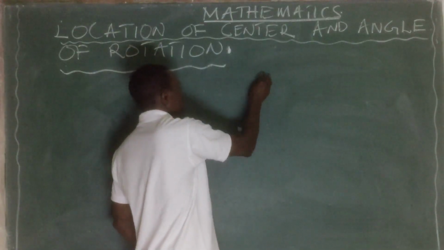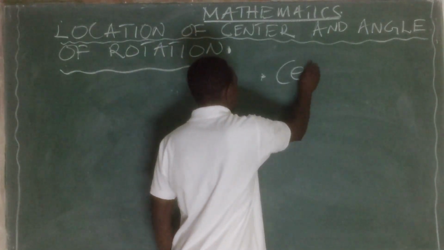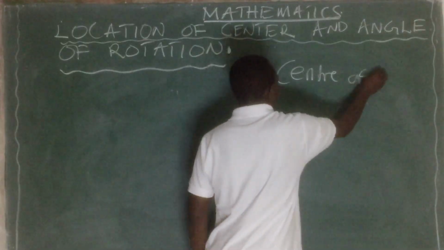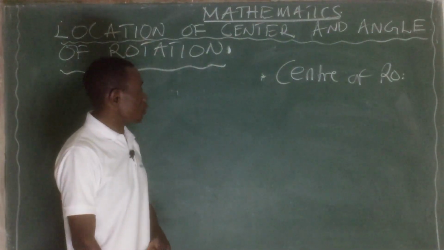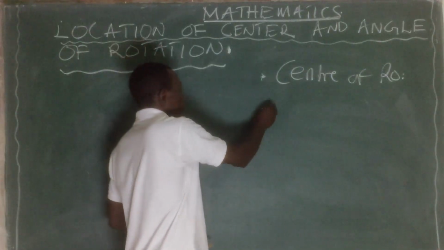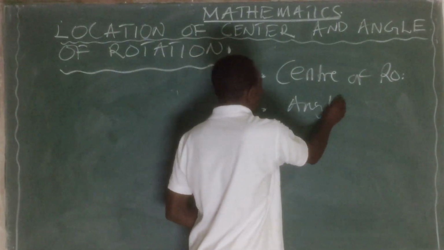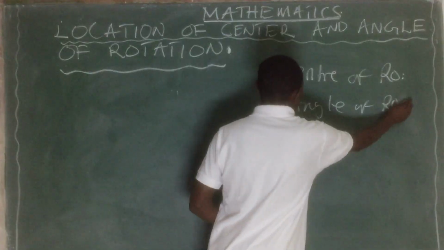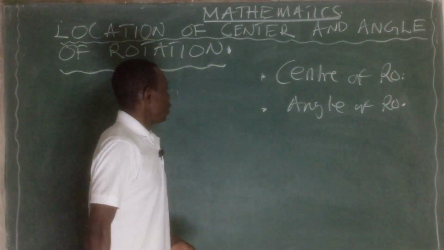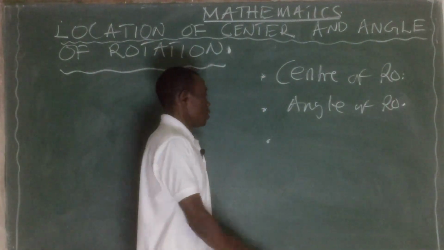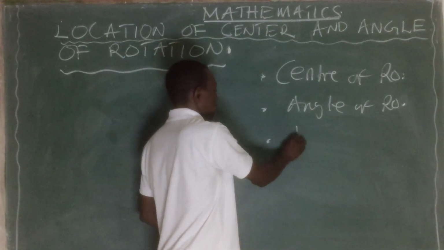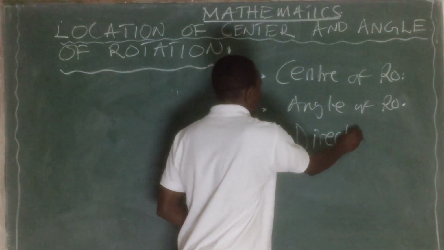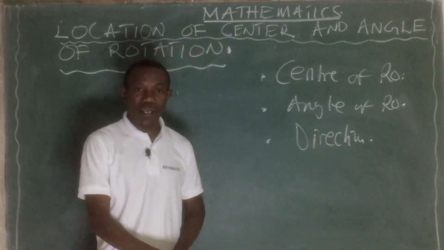One, you need to consider the center of rotation. You should be conversant with what the center of rotation is about. Then you also have to consider the angle of rotation. And the other issue is the direction of rotation.